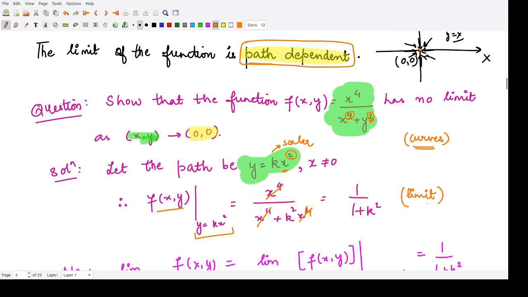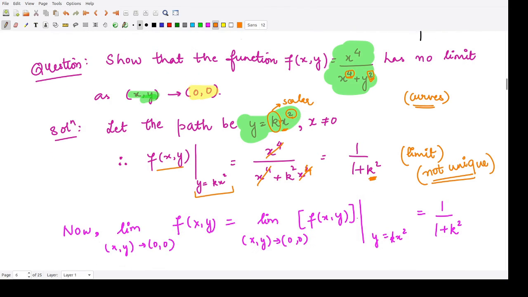Now this limit depends upon the variable k, so it will change as soon as you change this variable k. So that means the limit is not unique. If this is not unique, then we will say that the limit of this function would not exist because it is dependent upon this number k here.